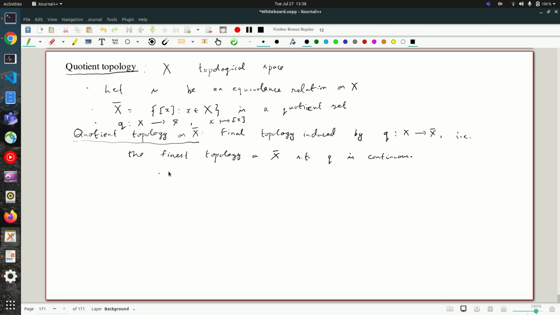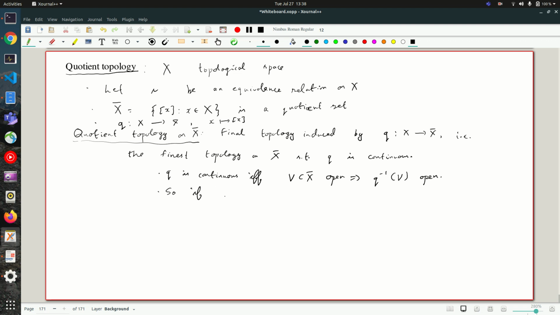Okay, so if Q is continuous, let's see what that condition means. If and only if V contained in X bar open implies Q inverse of V open.